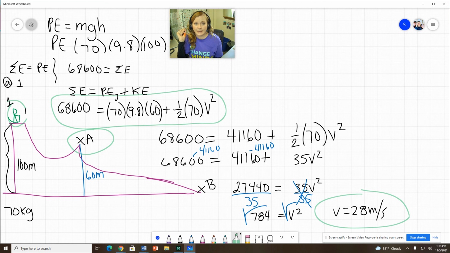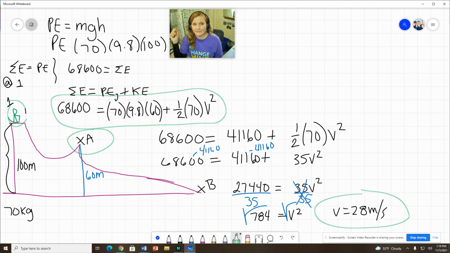And as long as you know the height and then the mass of the skier, you can determine the total energy, which is also equal to the potential energy at that point. Once you have total energy, you can calculate the potential energy at any point along the track. You can calculate the kinetic energy at any point along the track as well, right?